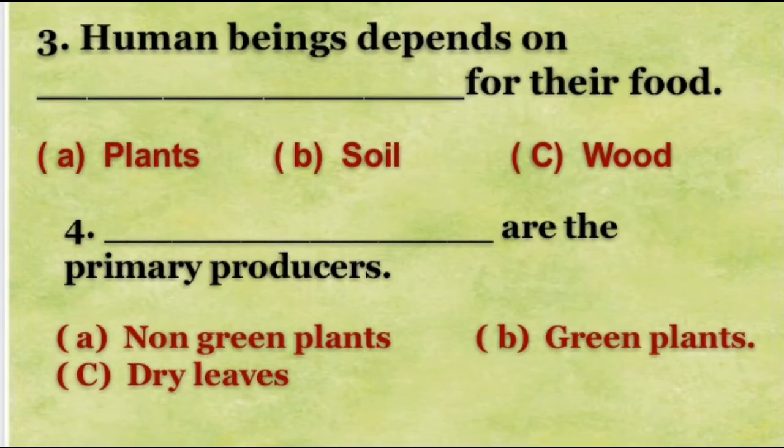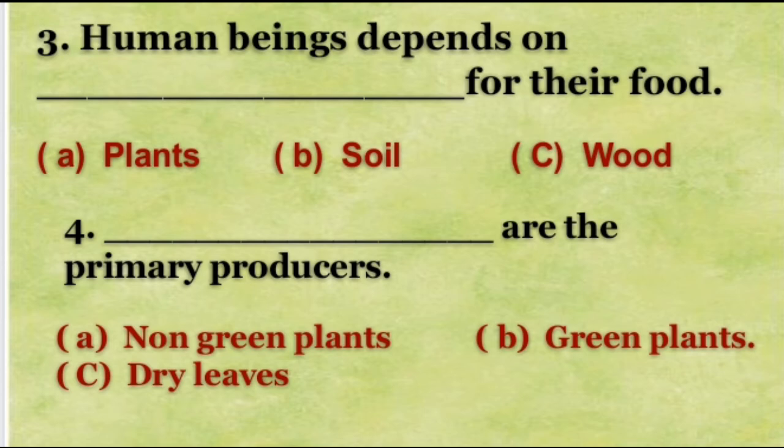Third one, human beings depend on dash for their food. Plants, soil and wood. The answer is plants. Fourth one, dash are the primary producers.